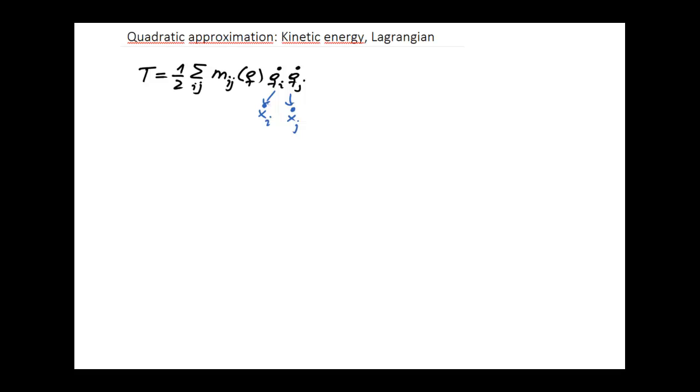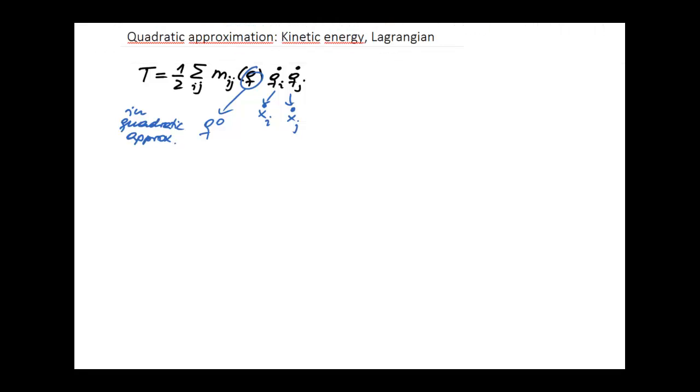But since in total we don't want to be higher than second order, we carry in fact only the zeroth order term, and we replace q by the equilibrium configuration. So in the quadratic approximation, we don't want to include any corrections to Mij at the equilibrium configuration.